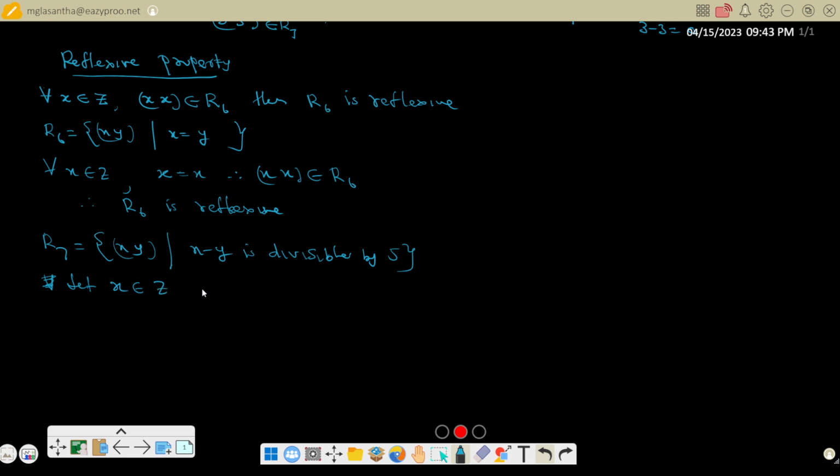Then x minus x is 0, which is divisible by 5. Therefore (x, x) belongs to R7. Therefore, R7 is reflexive. Okay? R7 is reflexive.